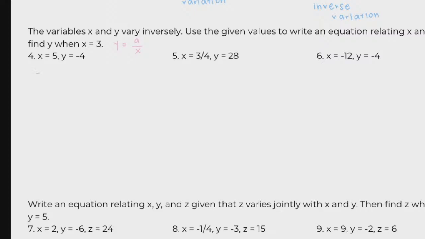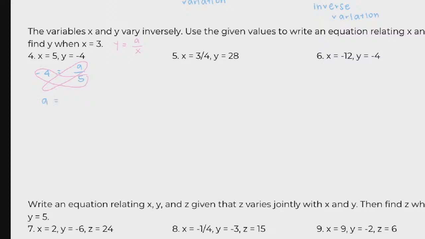So we have negative 4 equals a over 5. And what we can do to solve for a is cross multiply. So I'm multiplying these two times these two. Since there's nothing under the negative 4, that means it's 1, because negative 4 is negative 4 over 1.